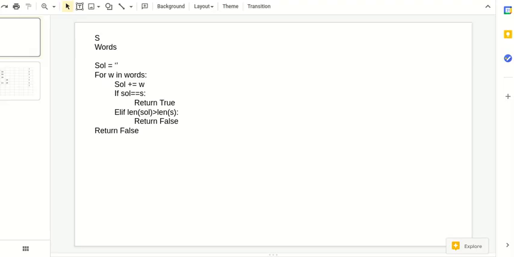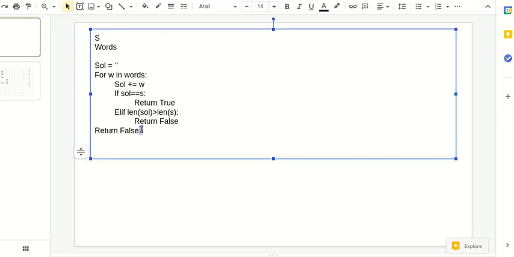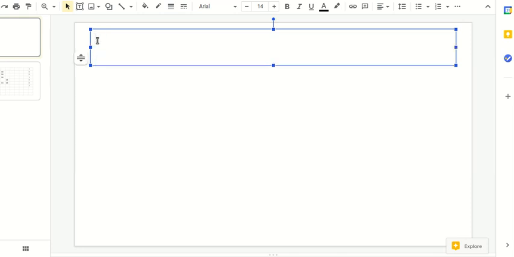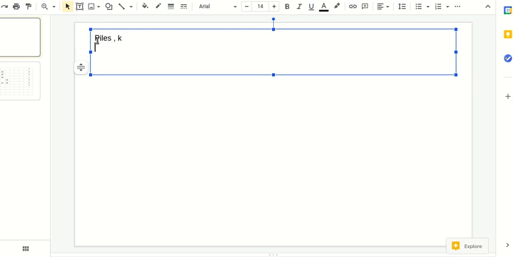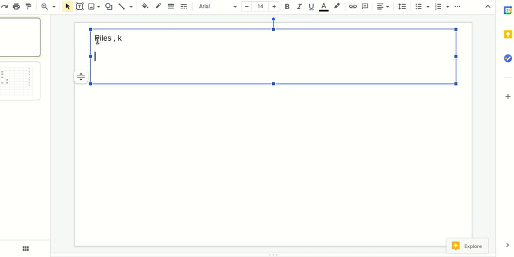So what I am saying, guys, let me tell you. Piles and k are given to us. So what we will do, first we will sort: piles.sort with reverse equals true.